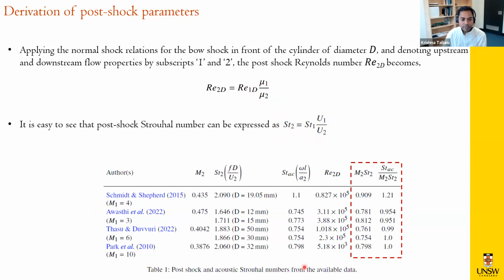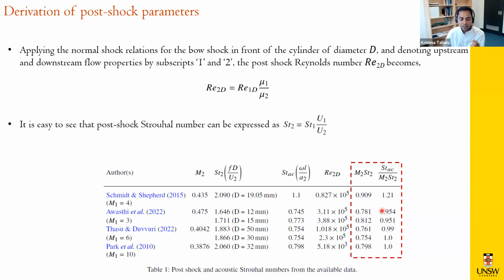For the existing data that I found in the literature, Schmidt and Shepard, Avasti, and Tasu, as well as our own results a decade ago, we are able to find all these quantities by using the normal shock conditions.